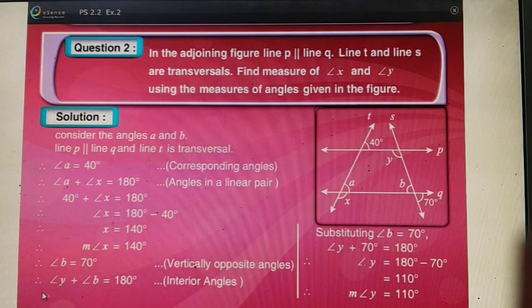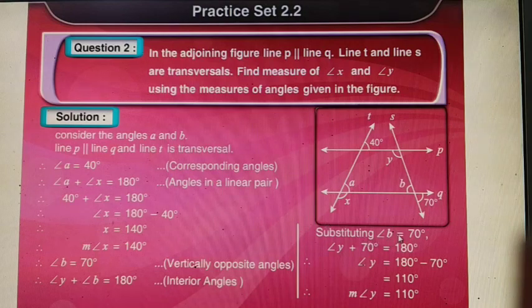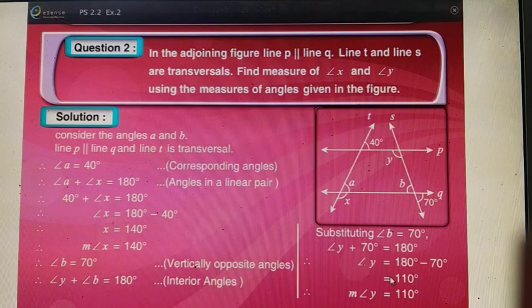Therefore angle Y plus angle B is equal to 180 degrees. The reason will be interior angles. Now substituting the value of B which is equal to 70 degrees, angle Y plus 70 degrees is equal to 180 degrees. Angle Y is equal to 180 degrees minus 70 degrees, which is 110. Therefore the measure of angle Y is equal to 110 degrees.